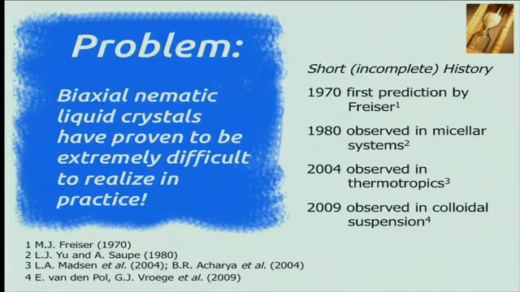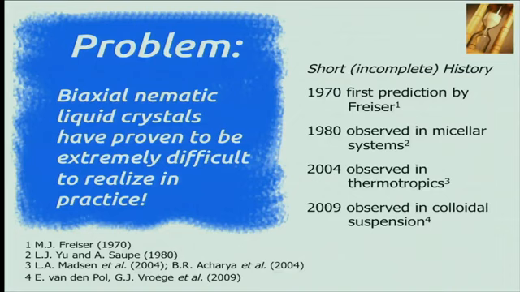We have in 1970 the prediction by Fraser, further theoretical work, the first biaxial nematic observed in micellar systems in 1980, in 2004 the first thermotropic biaxial nematic, and in 2009 a very nice experiment done in Utrecht and already discussed by Professor Vanakaras, which I'm going to discuss widely.